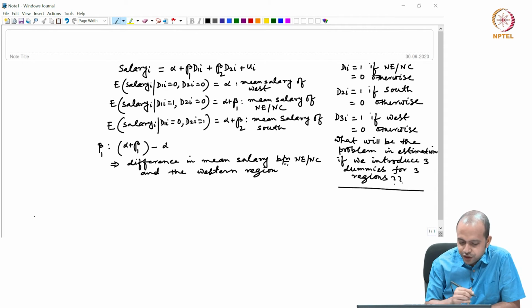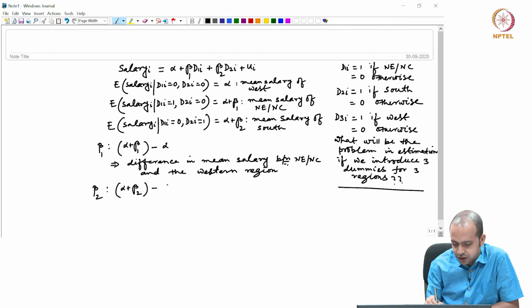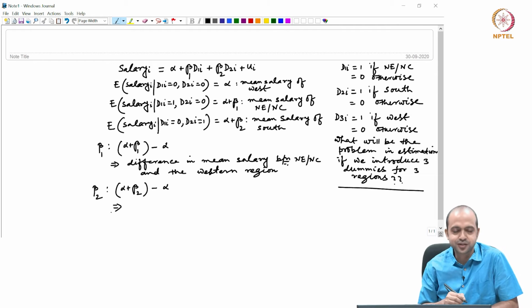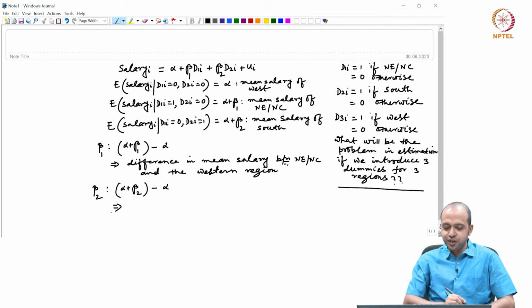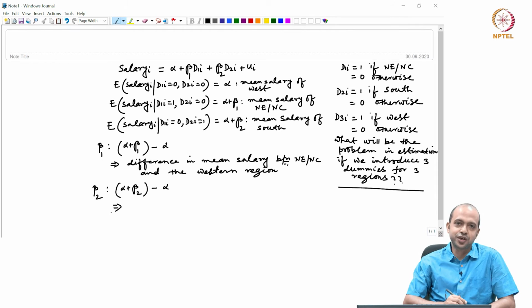Okay. Now, we will derive the interpretation of beta 2. How you can derive the beta 2? The same way, alpha plus beta 2 minus alpha. So, that means beta 2 indicates difference in mean salary between the southern region and the base category, which is west. Okay.